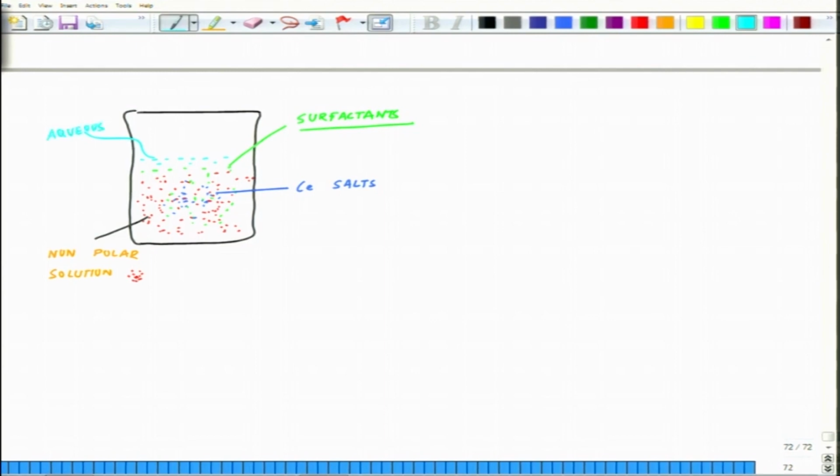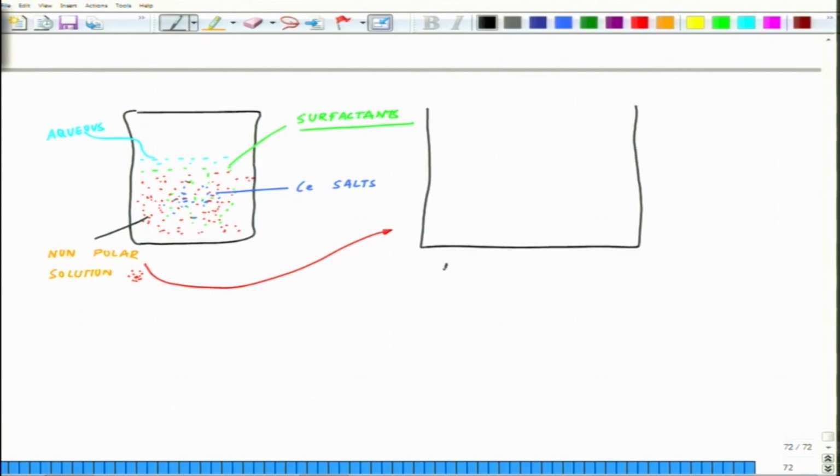So, in an aqueous environment, what will happen? There will be formation of micelles. These nonpolar components, in order to reduce energy, will form micelle-like structures.